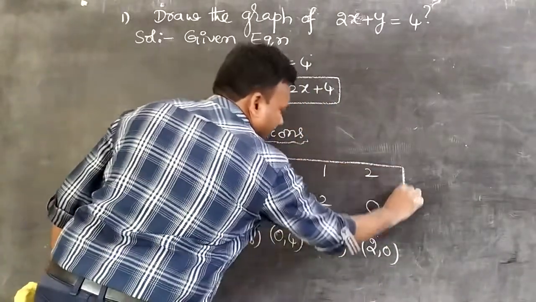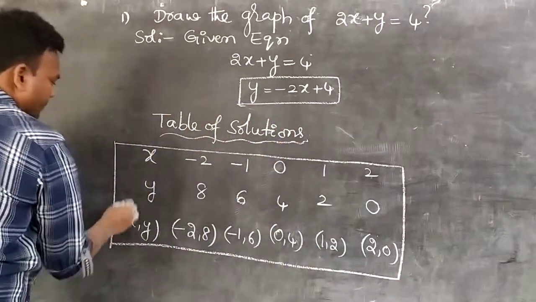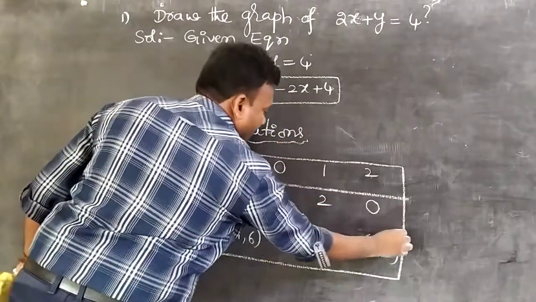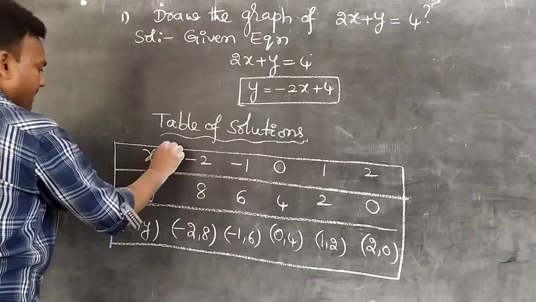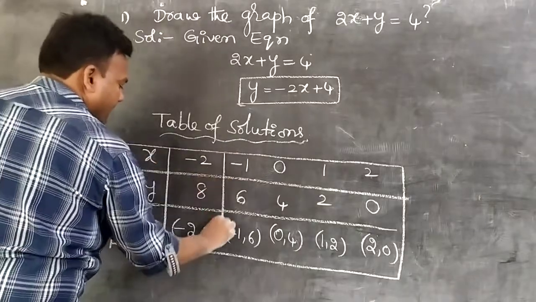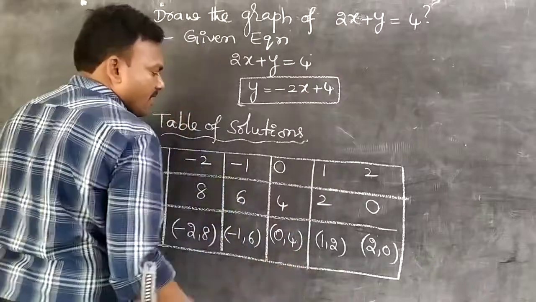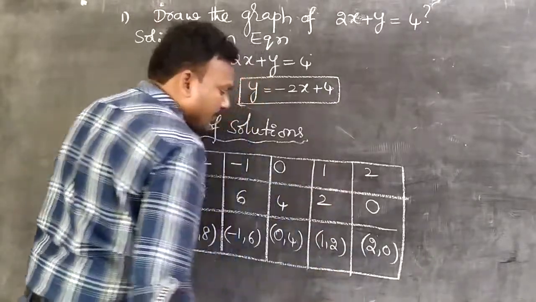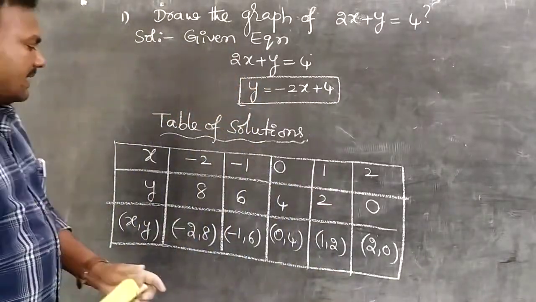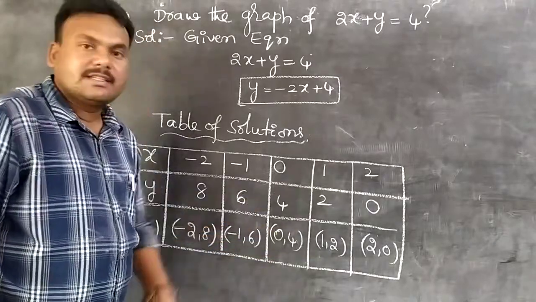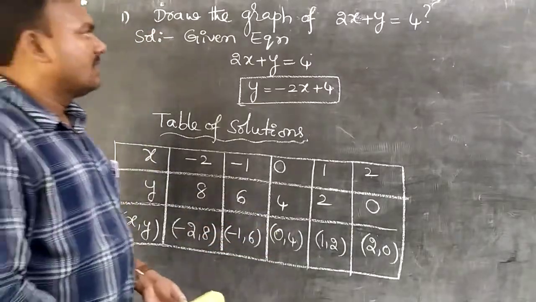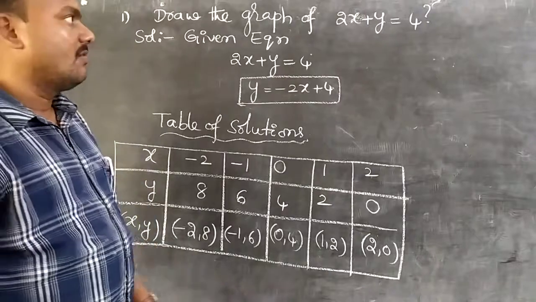Like this is the table formation, students. I take 6 points. Is it clear?